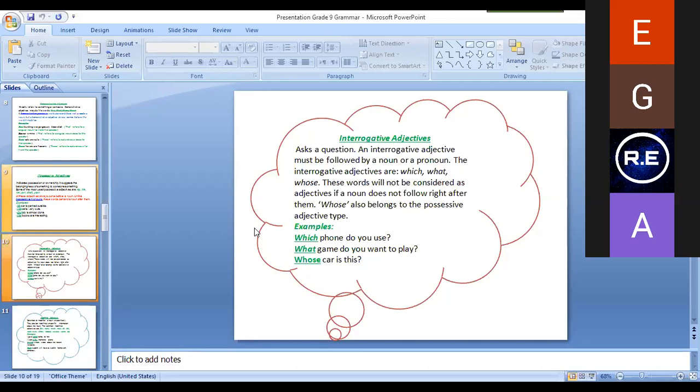Excellent. Galal, do you agree with this? Yes. Okay, so what would be the answer? If the interrogative sentence is a sentence that asks you a question, what type of sentence will your answer be then?